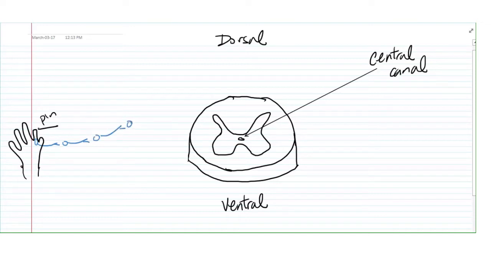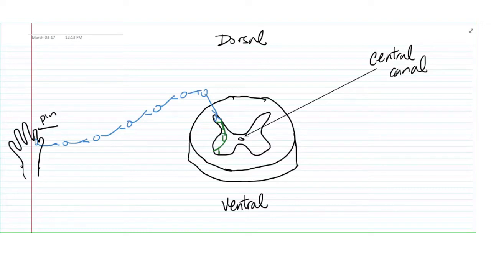In fact, there are going to be a bunch of them, one connecting with the other, and eventually the information is going to enter at the dorsal side of your spinal cord, and make a synaptic connection with an interneuron inside the gray matter of the spinal cord.